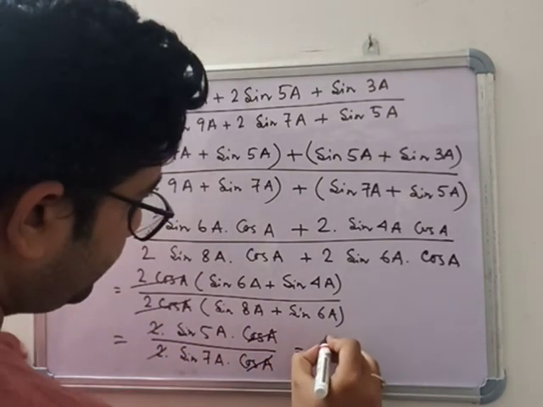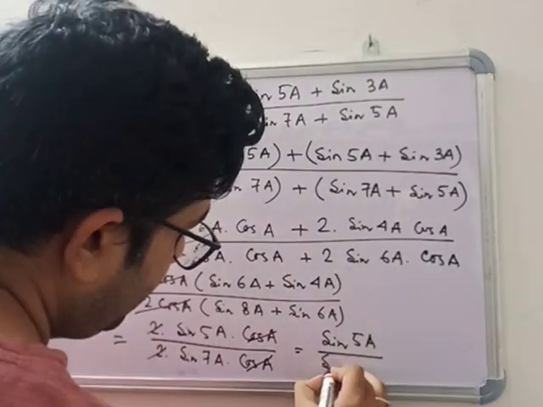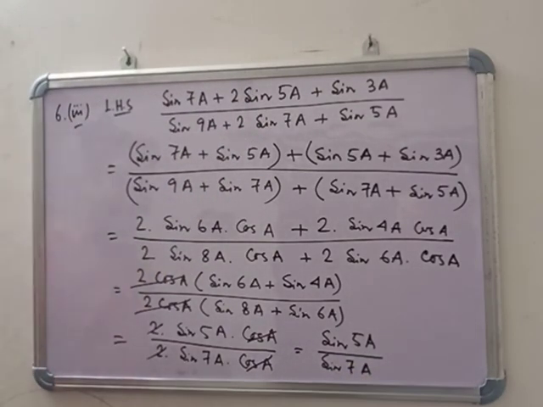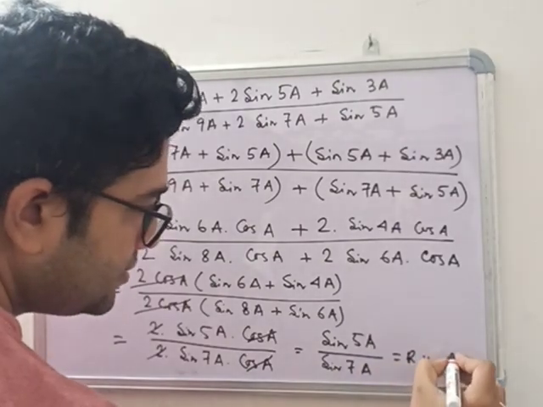So we get sin 5A by sin 7A, which is given as RHS.